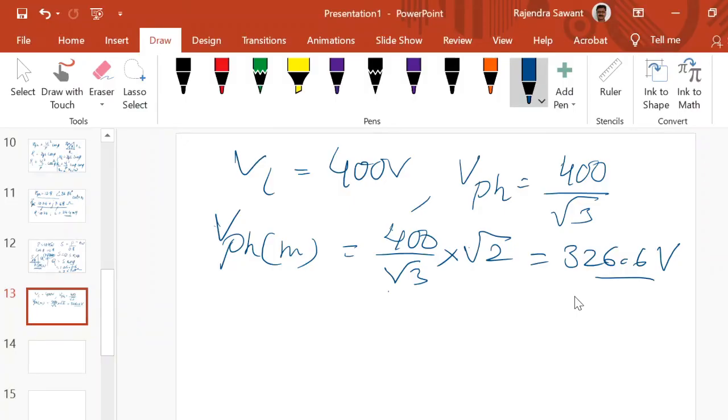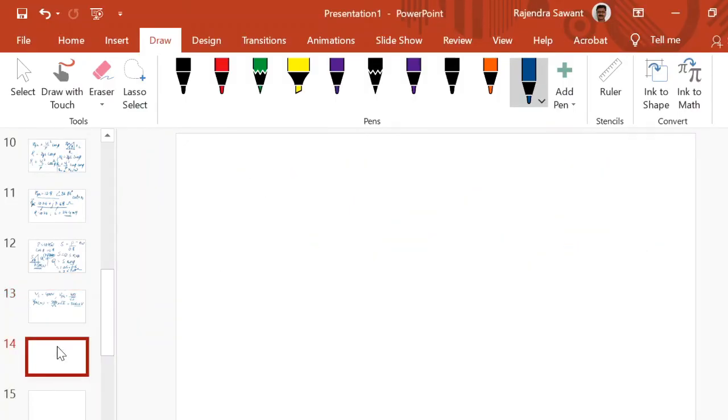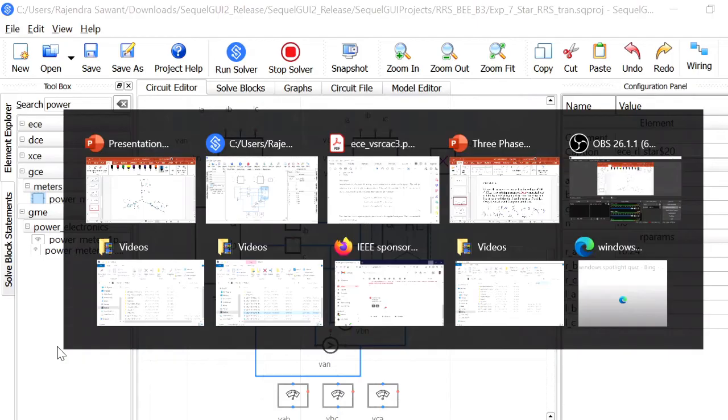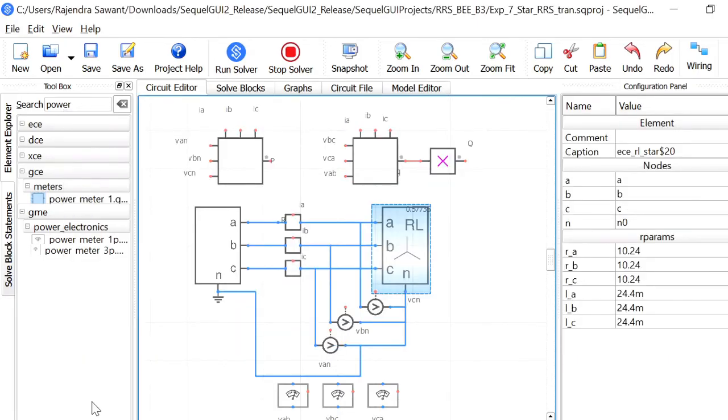So we have a star connected system something like this: this is the A terminal, with a resistor and inductor in each phase. This is R_A, this is R_B, this is R_C, and this is L_A, this is L_B, and this is L_C. We can also check this from the help which is given here.